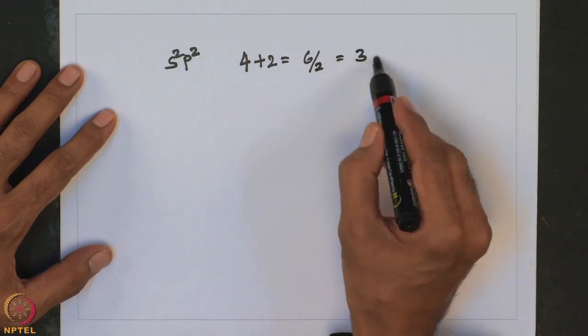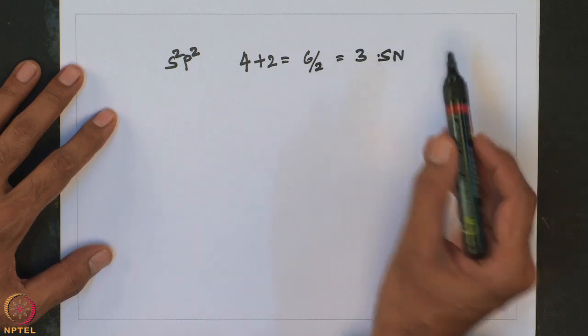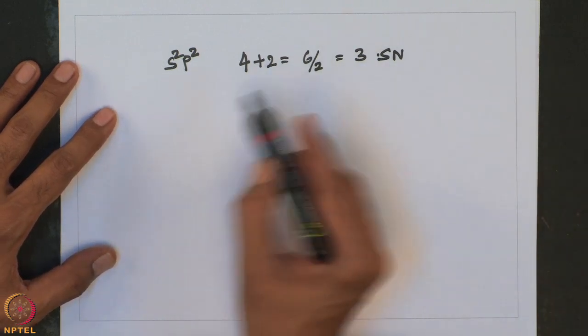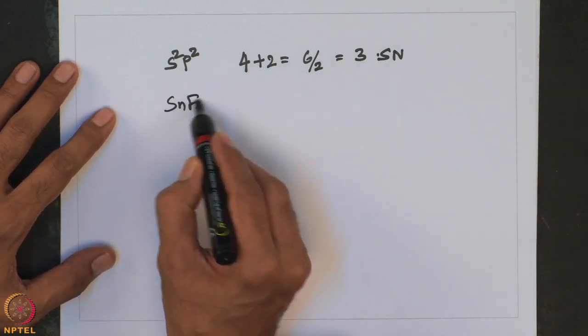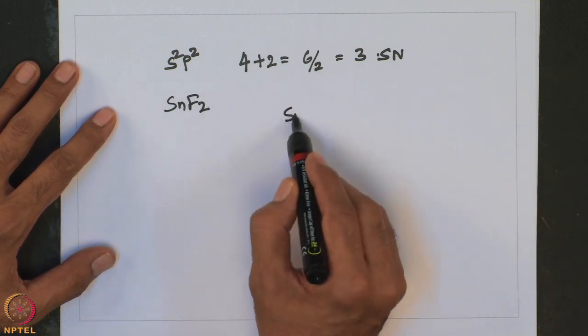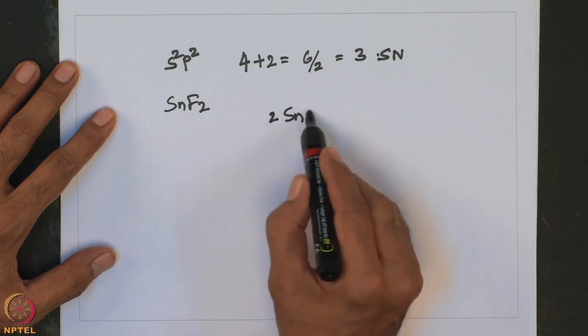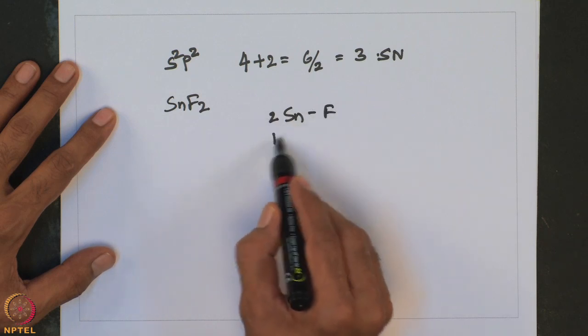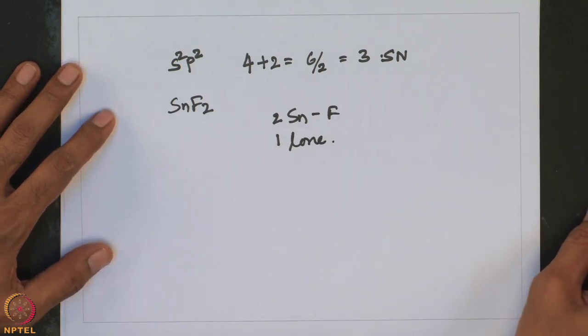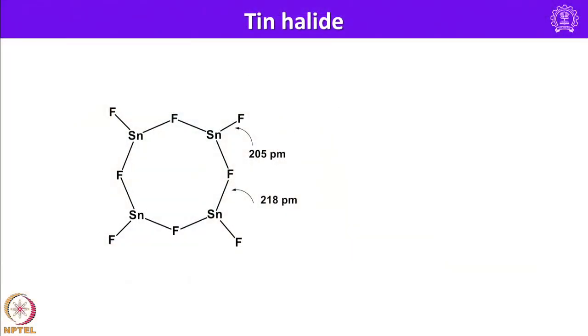This is the steric number. Out of that, 2 bonded pairs are there, if we consider SnF2. That means essentially we have 2 Sn-F bonds and 1 lone pair. So, this one lone pair is there. Trigonal pyramidal structure is there. So, in this one basically one lone pair will be projected upwards. So, we have something like this here.